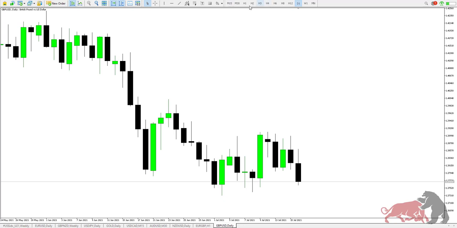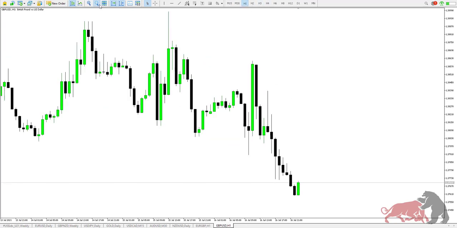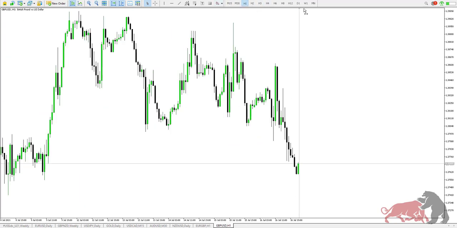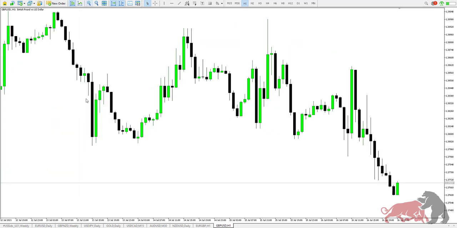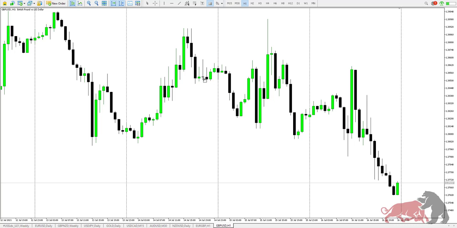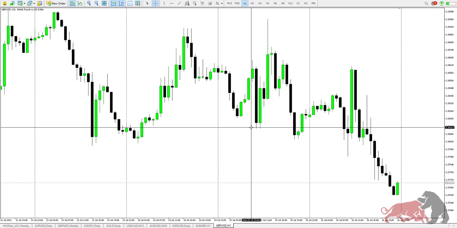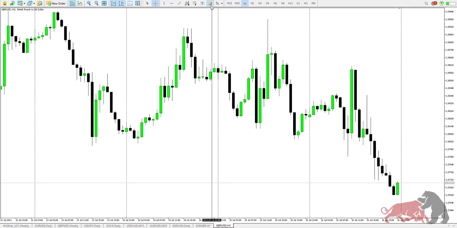Now if I come to Euro USD, we see the same price action on Euro USD on Thursday. At 10 a.m., price is bearish on Euro USD. At 9 a.m., which is London open, price is bullish.